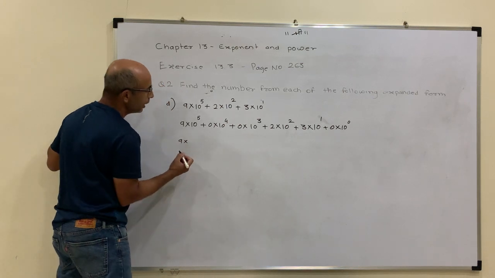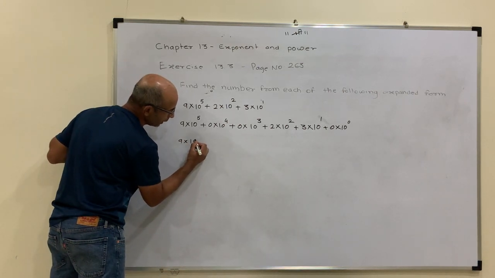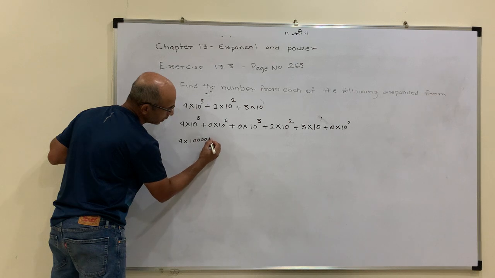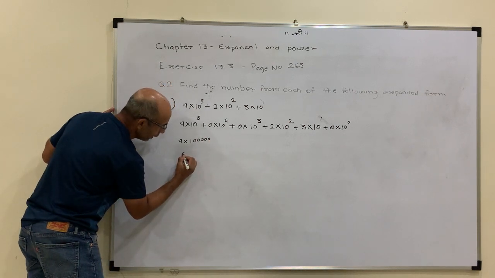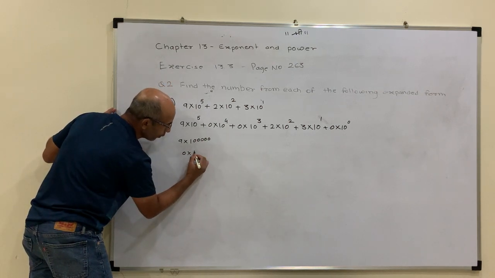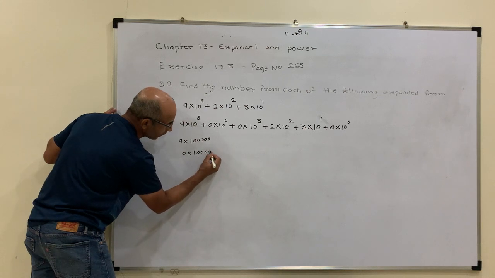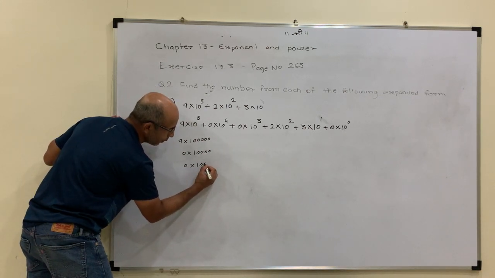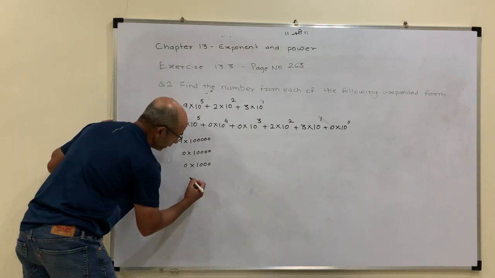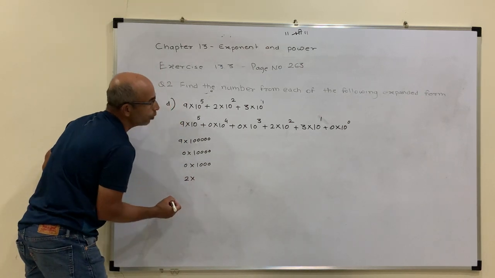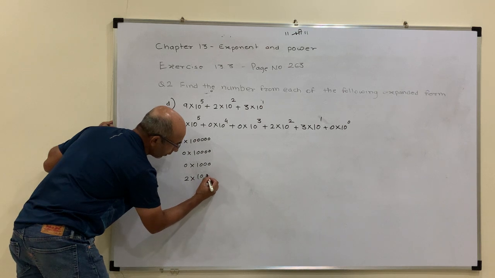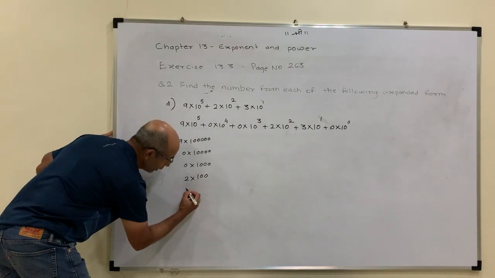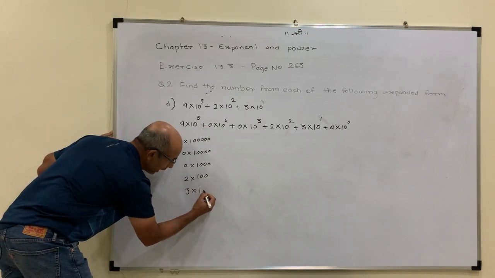So now I do these products and write it in vertical format. 9 into 10 raised to 5 is 100,000. 0 into 10 raised to 4 is 10,000. Then 0 into 10 cube is 1000. Then 2 into 10 square is 100. Then 3 into 10.